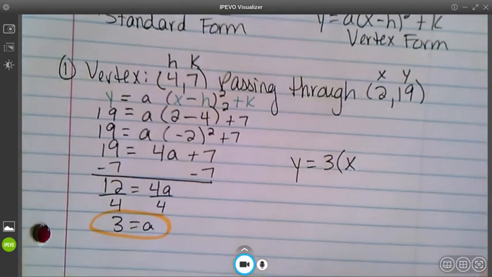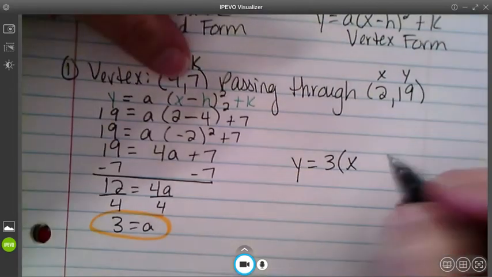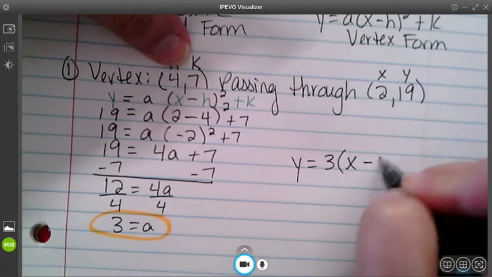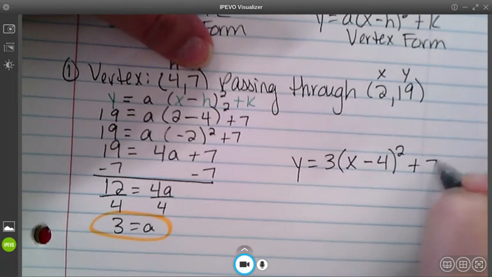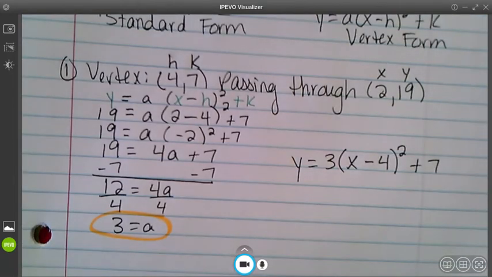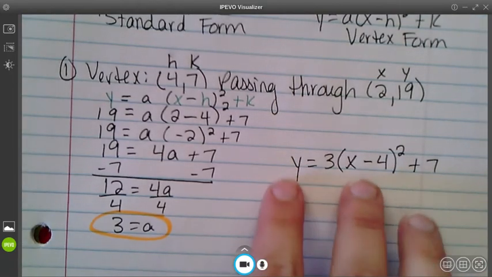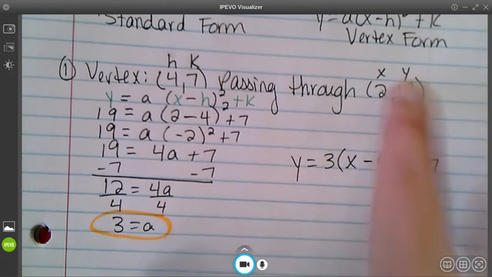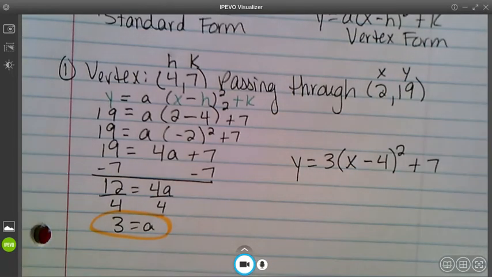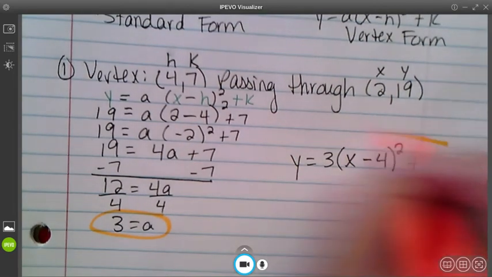Go back to the generic form of X, so X minus H, so X minus 4 squared plus the K. So this will give me the entire parabola with any X or Y, not just this specific one, but we are going to check it. So this is my final answer.